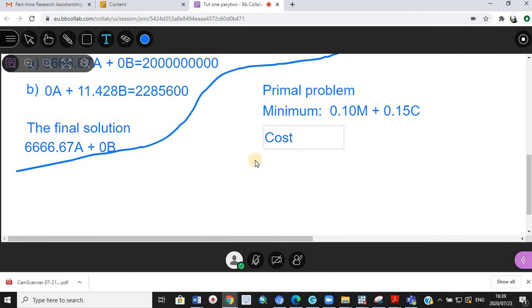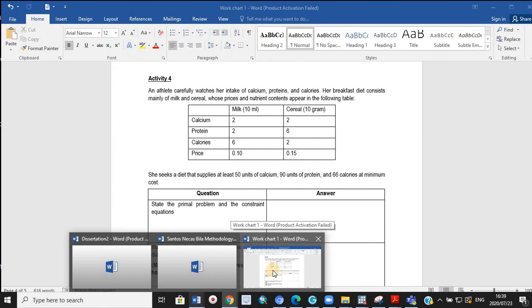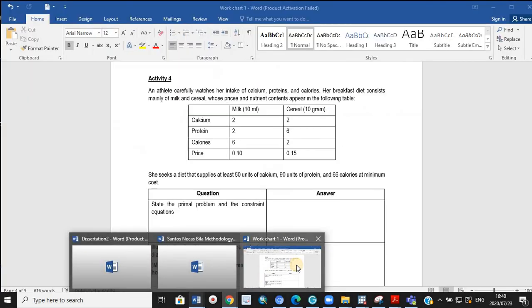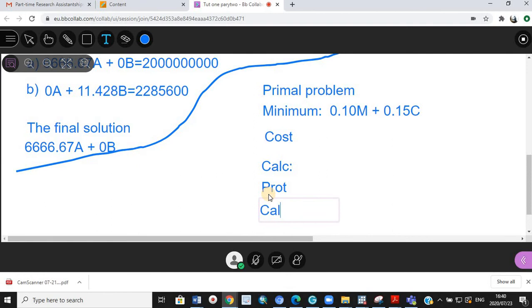Okay, we have, let's check, calcium, protein, calories. Let's list them the way they are so that we know how to control them. We have calcium. We have proteins. And finally we have calories.